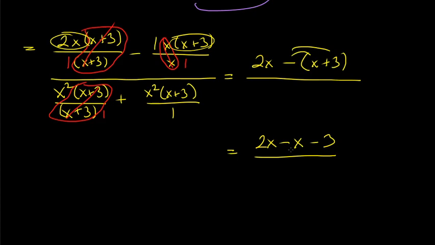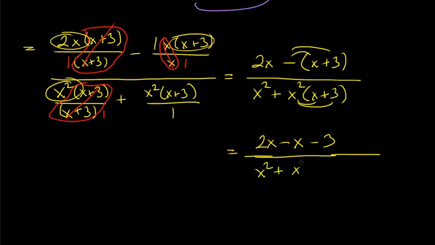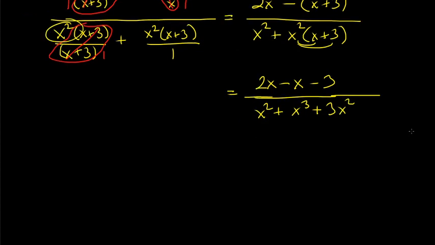In the denominator we have x squared plus x squared times x plus 3, and we'll have to multiply that out as well. In fact, I guess we'll do that now: x squared plus x cubed plus 3x squared. Okay, 2x minus x is x, so that's just x minus 3.